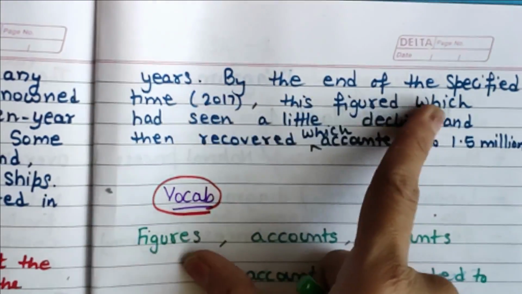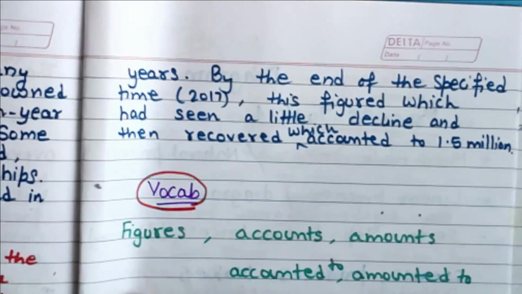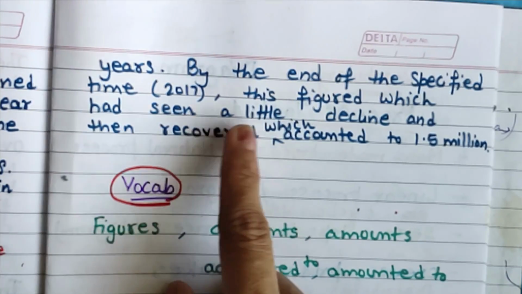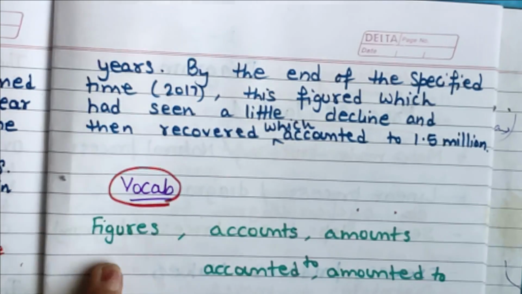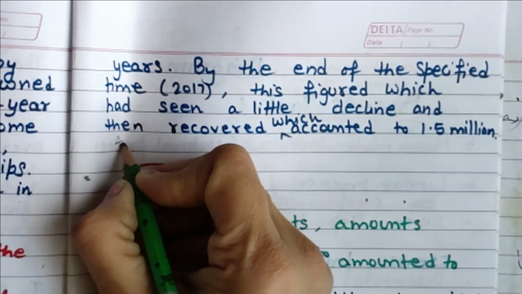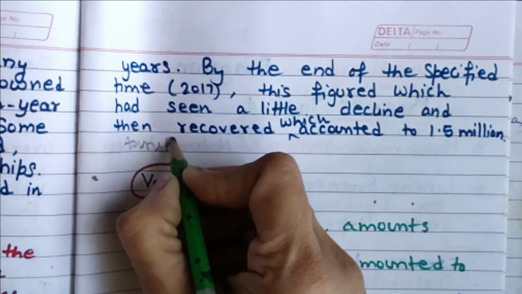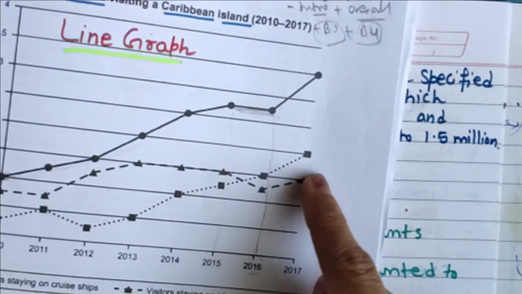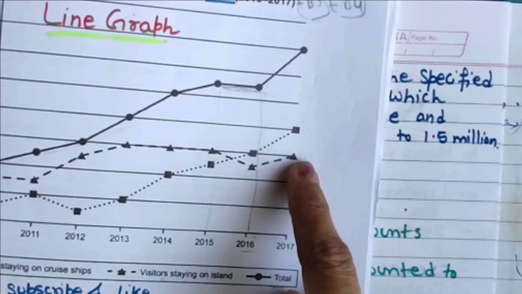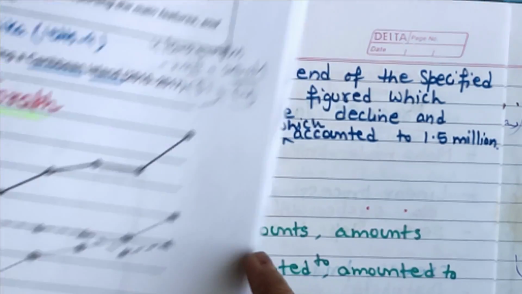By the end of the specified time, that is 2017, this figure, which had seen a little decline and then recovered, accounted for 1.5 million visitors or tourists, because it is given in the data. So by the end of this period 2017, it finished at 1.5 million.